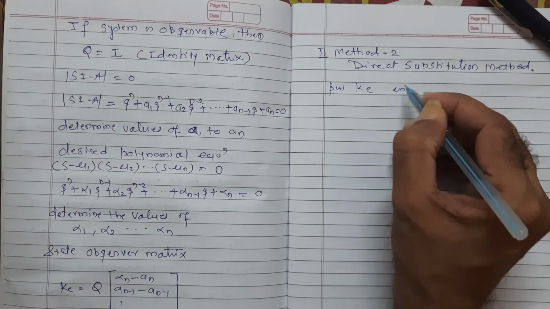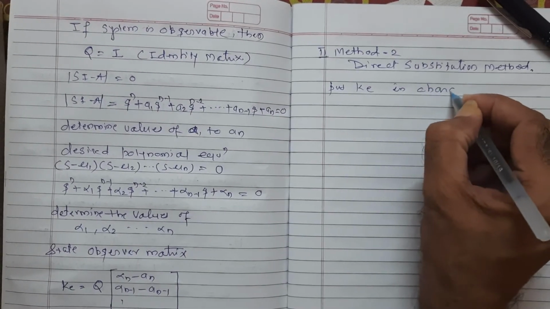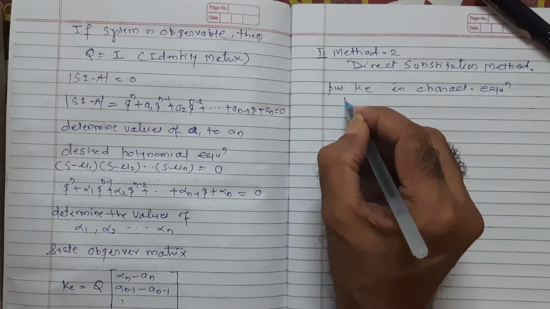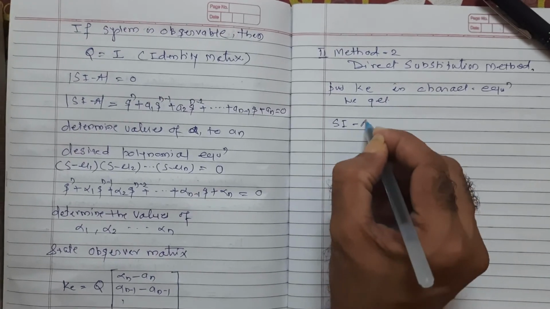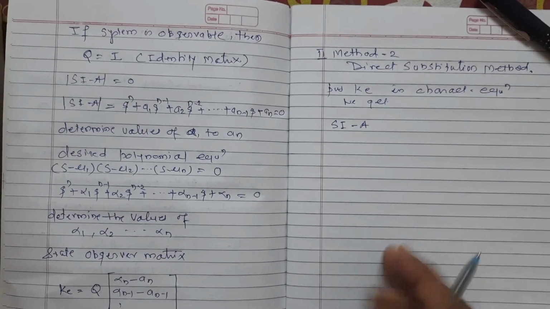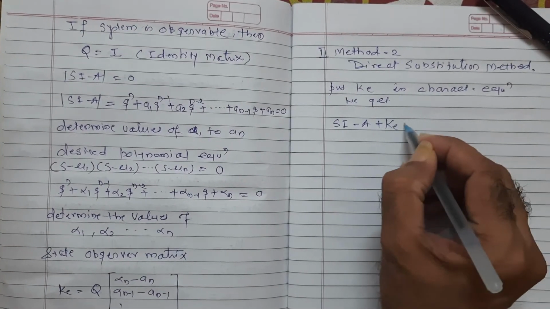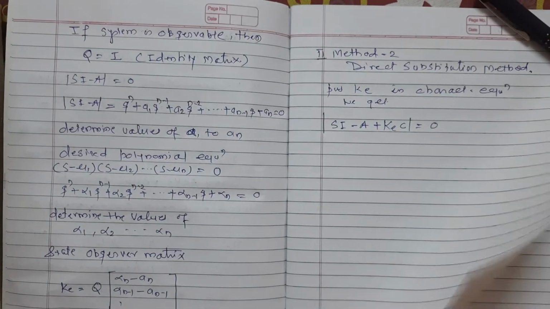So the equation becomes, put Ke in the characteristic equation, we get the determinant of sI minus A plus Ke multiplied by C, equal to 0.